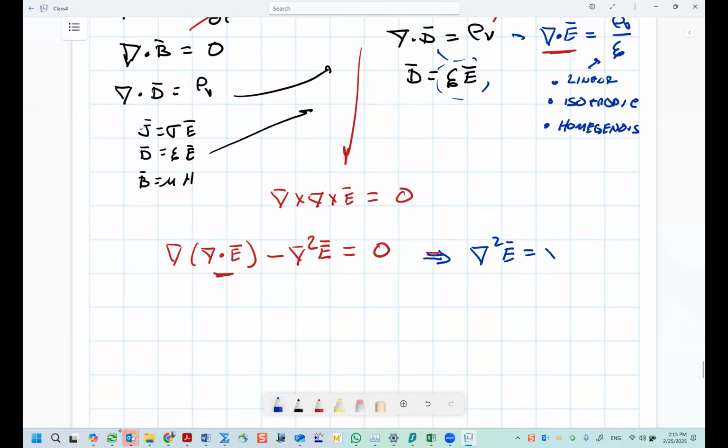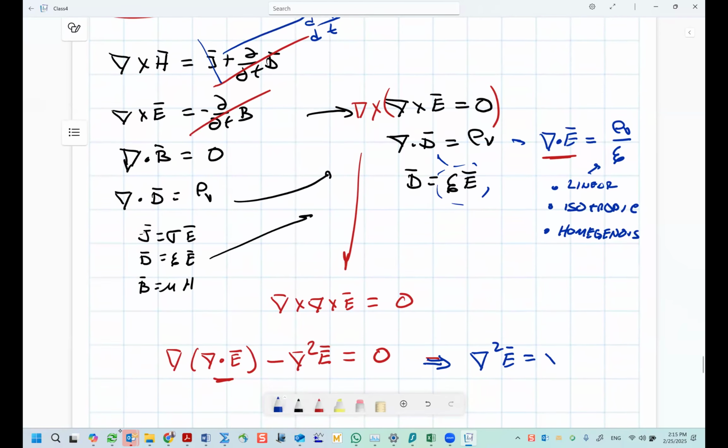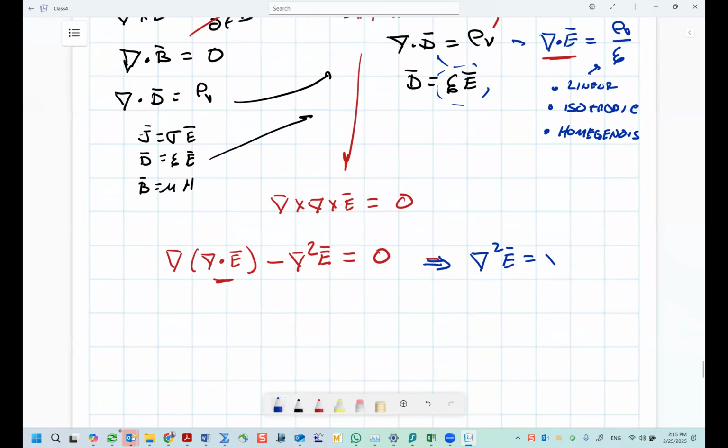No, let me see. Put this guy here, rho V by epsilon. So it's going to be equal to the gradient of rho V by epsilon. Right?